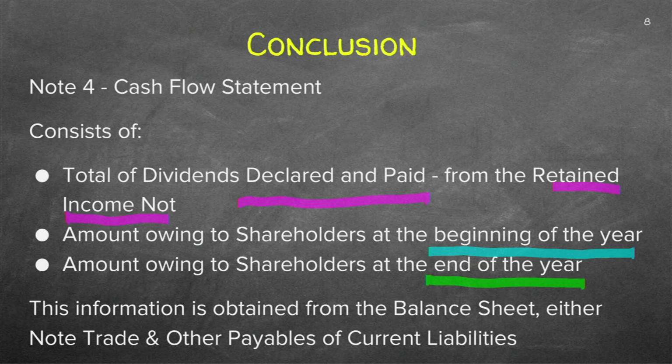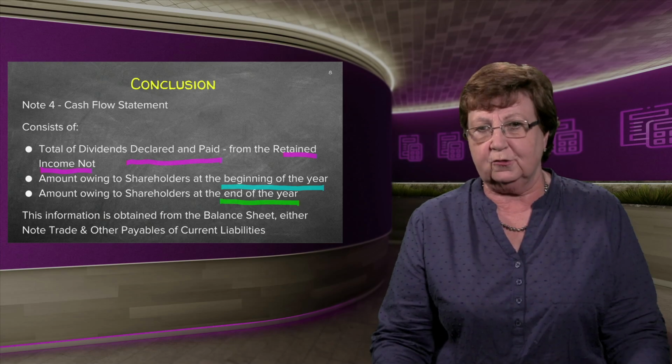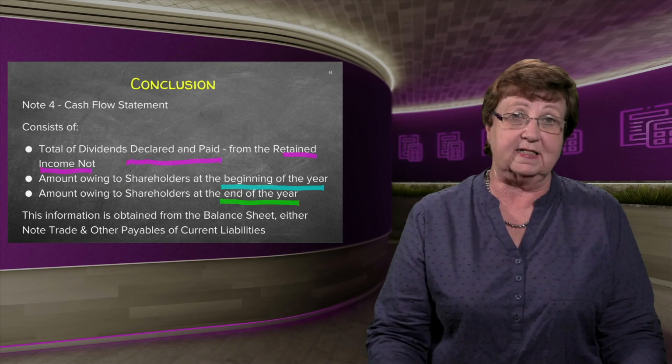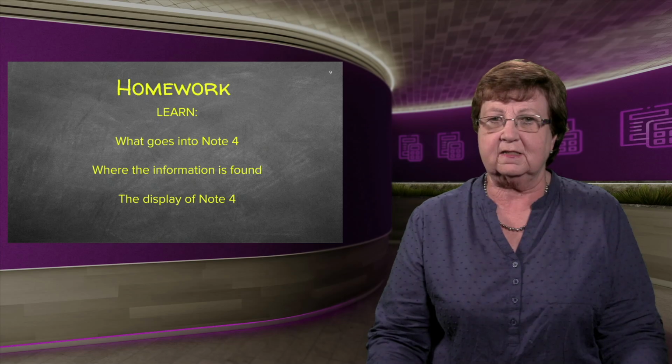And this information is obtained from the balance sheet, either from the note, trade and other payables, or current liabilities, because remember that the dividends for shareholders can also be included in the note, trade and other payables, or it can simply be shown as part of my current liabilities.